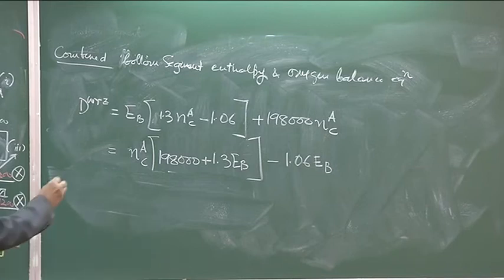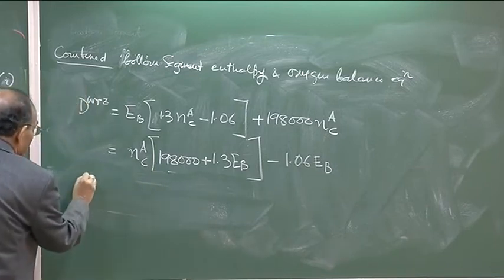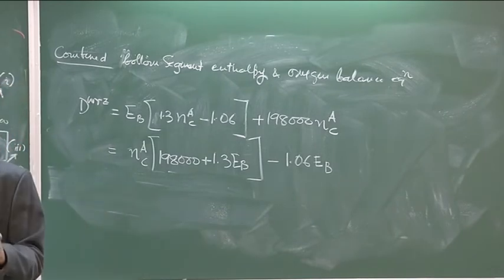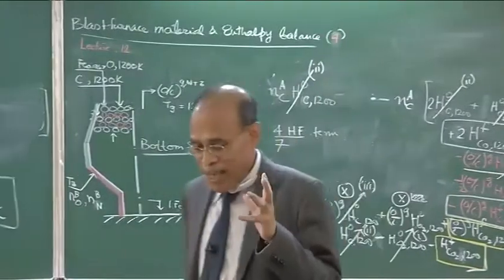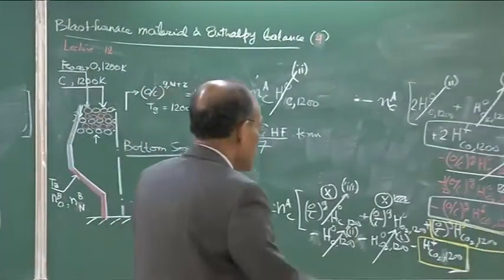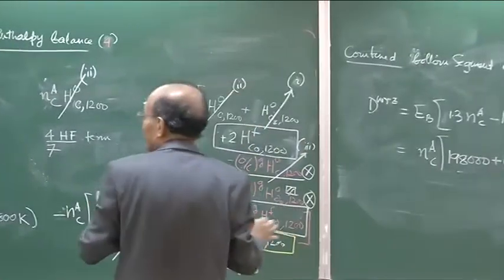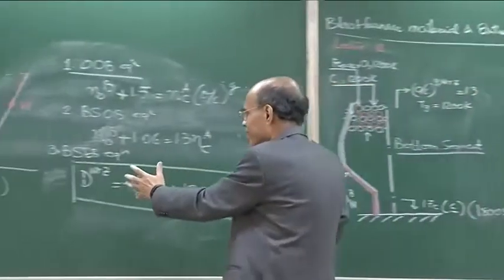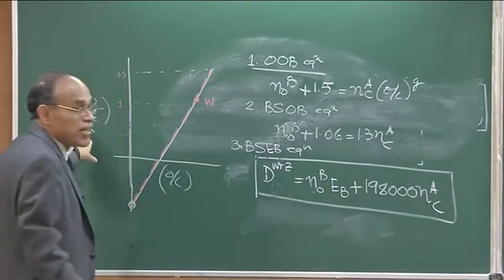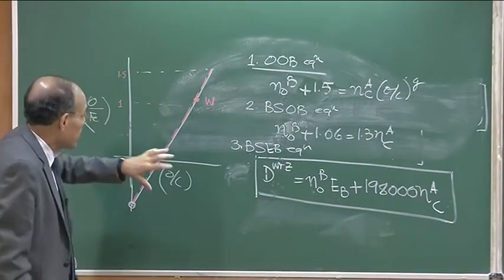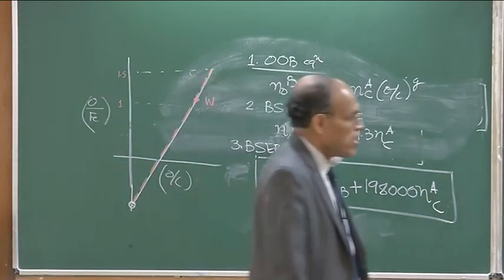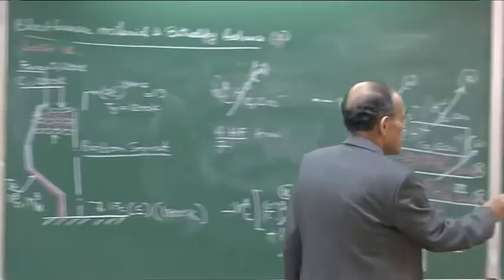The purpose of deriving the combined enthalpy balance and material balance equation for the bottom segment is to translate the information contained in the enthalpy balance equation into a form such that the necessary information can be superimposed on this graph itself.